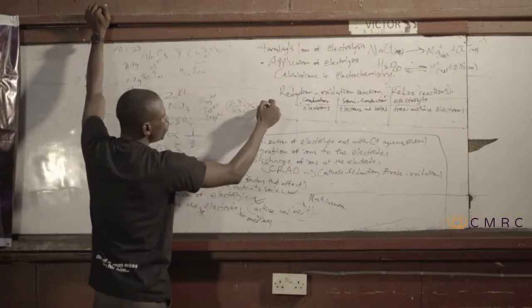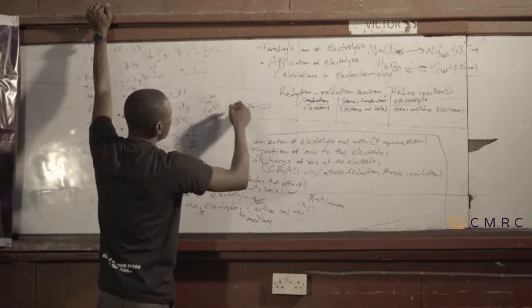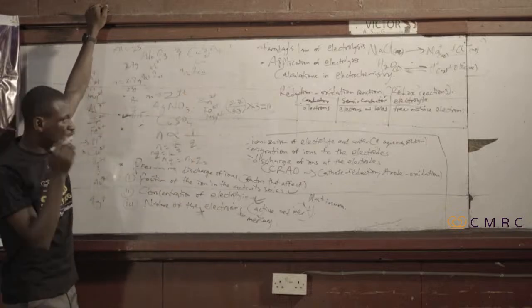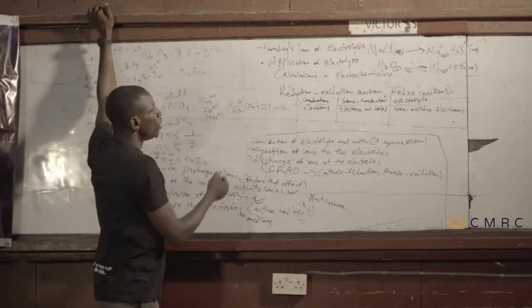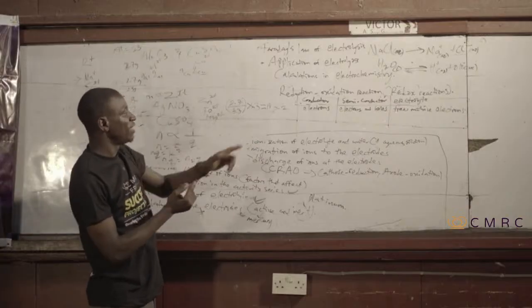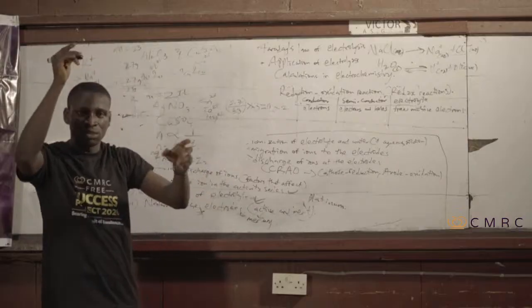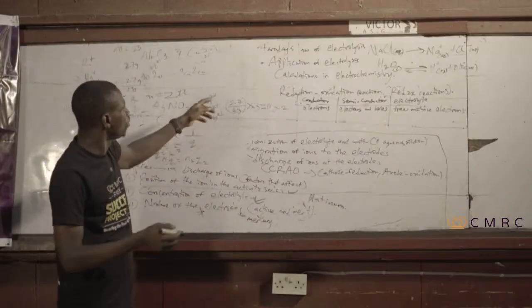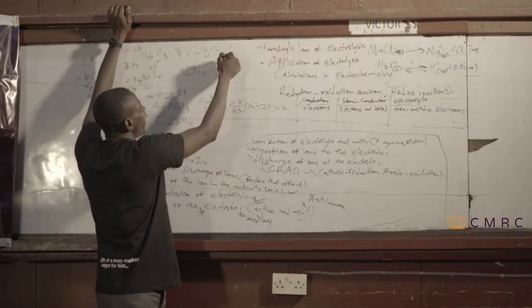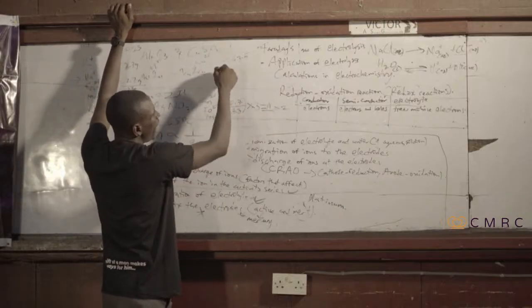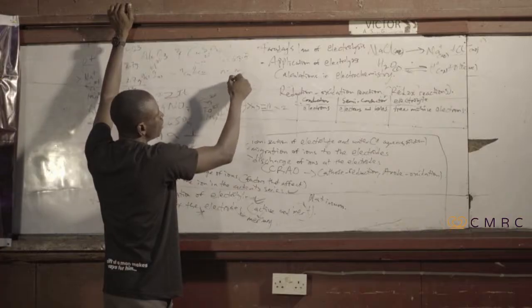This equals, for copper, the number of moles, which we don't know. Let's call it N. Then what is the chemical equivalent of copper? It is 2, because copper is 2 plus. That is N times 2. We can now find the number of moles of copper here, and after getting it, we say number of moles equals mass over molar mass. The atomic mass of copper is 63.5, so N equals M over 63.5.